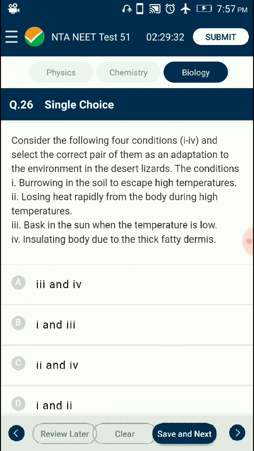Burrowing in the soil when the temperature is high and basking in the sun when the temperature is low are shown as an adaptation. So the answer for this question is option B. From the given 4 statements, the first and third statements alone are correct about the adaptation to the environment in desert lizards.